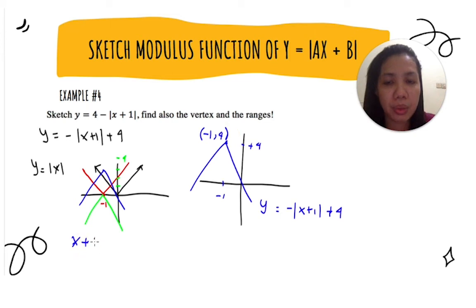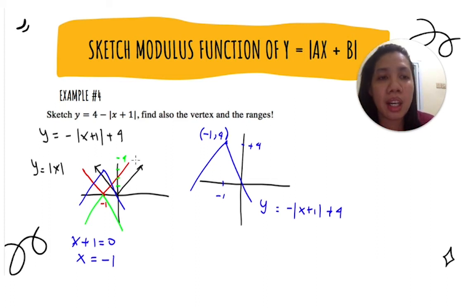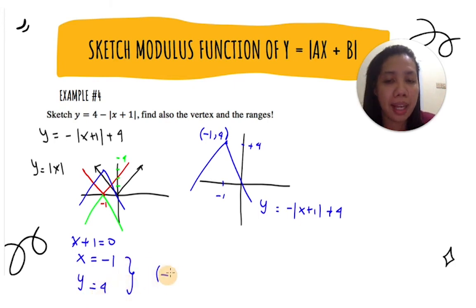We make it equal to 0, then we have x equals minus 1. This is the x coordinate of the vertex. For the y coordinate of the vertex, we can find it from the number after the absolute, which is 4. So the y coordinate of the vertex is 4, and the vertex is minus 1, 4. The same thing we have here.